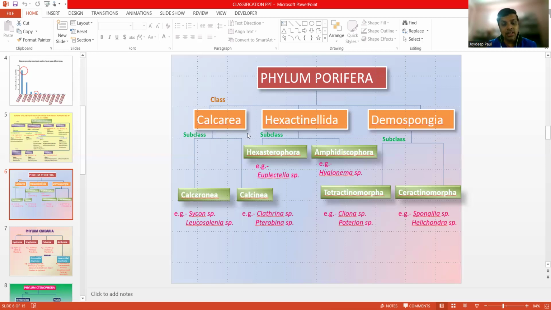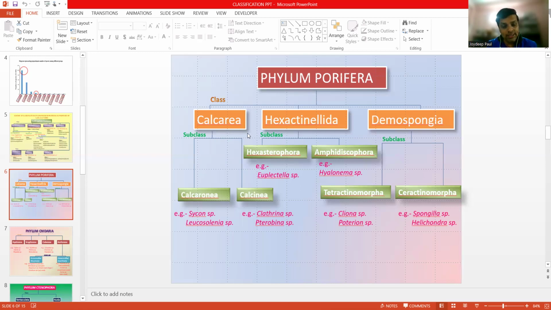Now, class Hexactinellida can be further subdivided into two subclasses: Hexasterophora and Amphidiscophora. Subclass 1 is Hexasterophora, and here spicules are smaller and with smooth pointed ends.